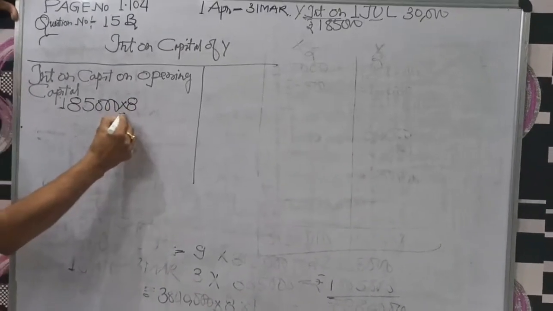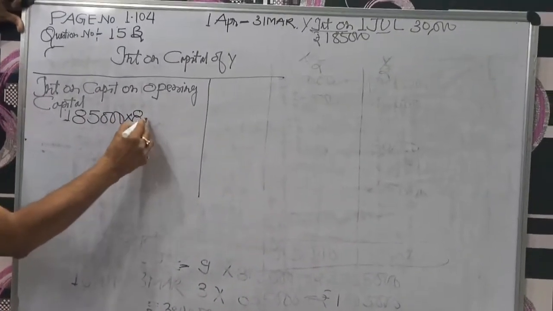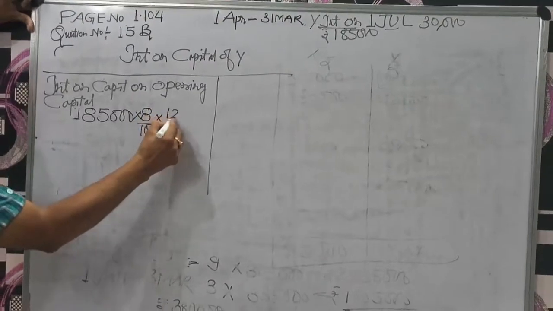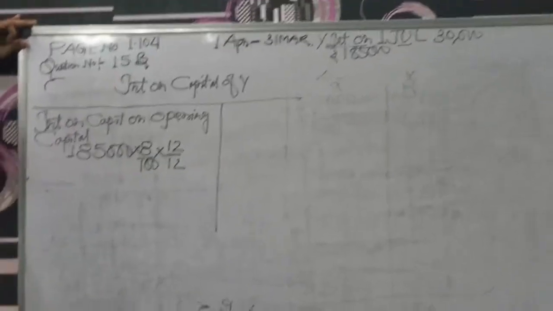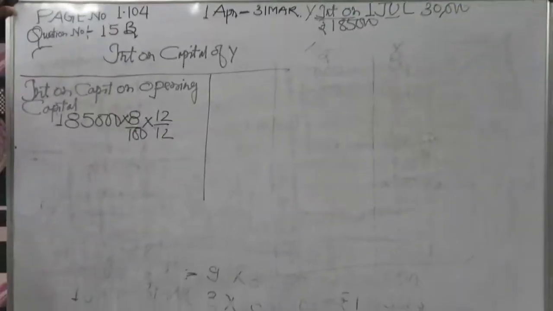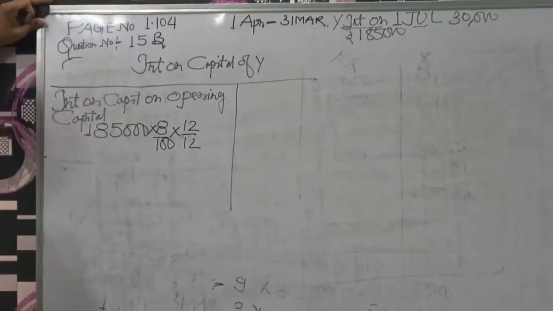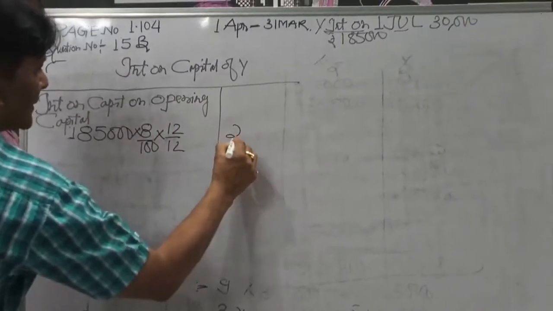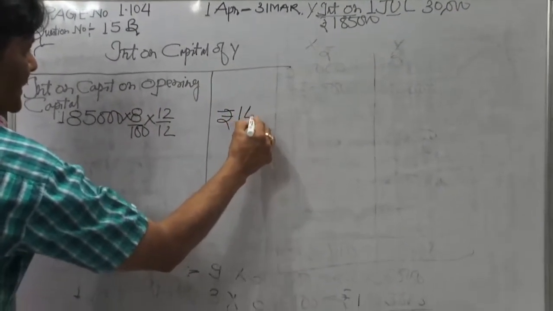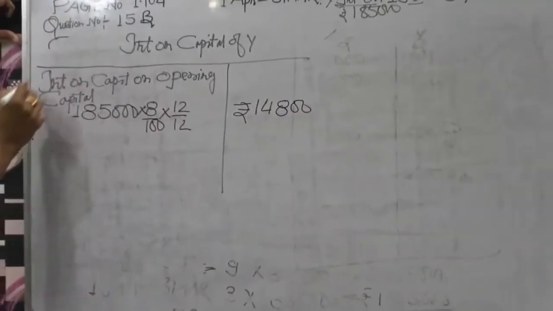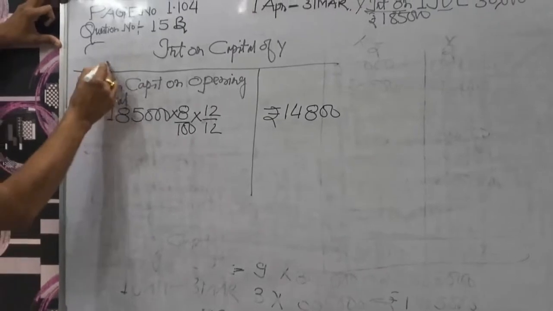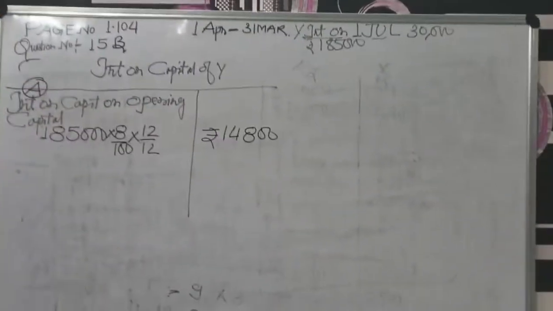On opening capital, rate of interest is 8% into 12 by 12 on 1,85,000. This amount is 14,800. Is it clear? This is your A point, interest on opening capital.